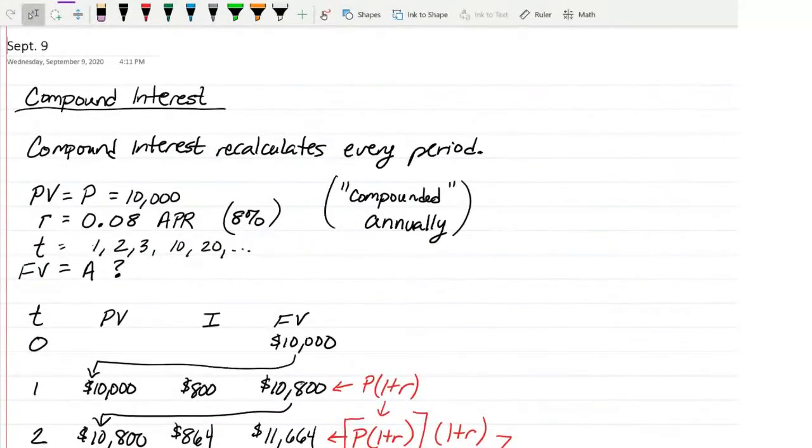That's called the compounding frequency. So I could be compounding every year, in which case I would only recalculate my interest once a year, or I could compound every month or even more often. In that case, I would recalculate that interest amount every single time interest came due. And if you didn't take the money out of the account, then every time you got interest, there would be more money in the account.